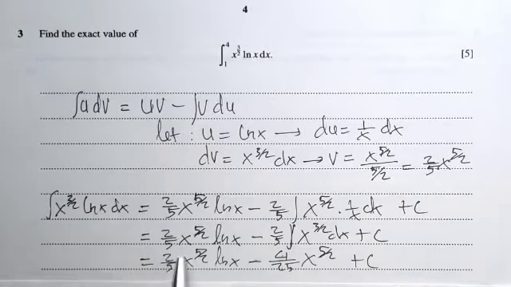So that is 2 over 5 x to the power 5 over 2 ln x minus 2 over 5 integral of x to the power 3 over 2 dx, plus c, and this part equals 4 over 25 x to the power 5 over 2 plus c.